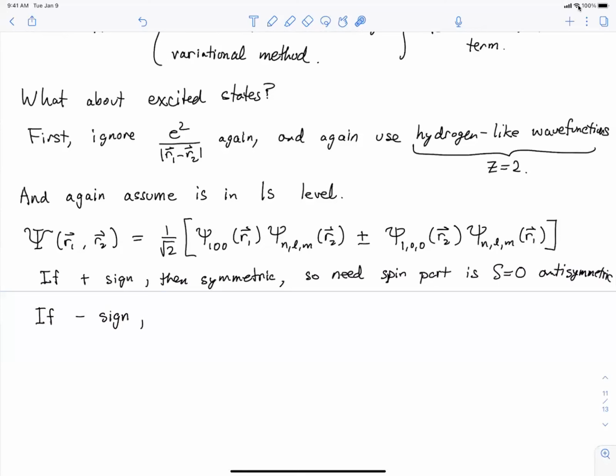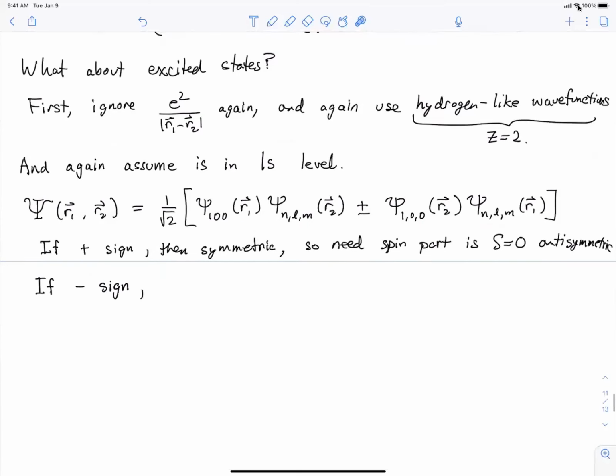Okay, for the ground state, I couldn't do that because if n,l,m and 1,0,0 are the same, then I'll just get something minus itself and I'll get 0 and that's the null ket, so it's not a state. But for n,l,m anything different than 1,0,0, I can do this with the minus sign. Then it will be anti-symmetric for the spatial part of the wave function.